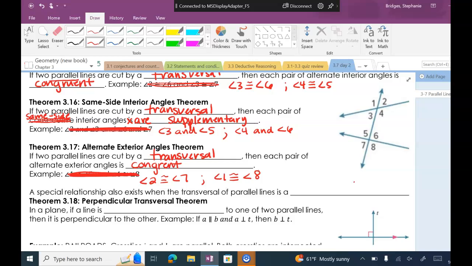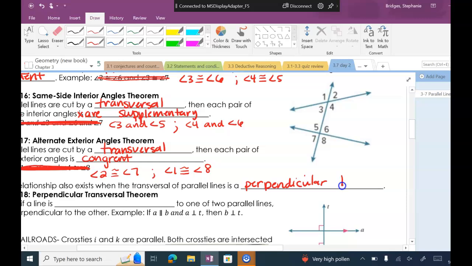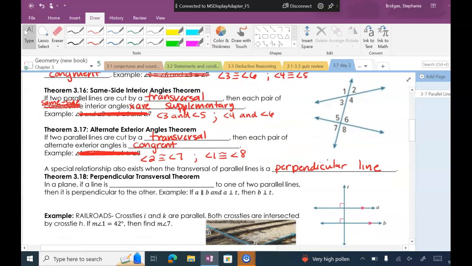A special relationship also exists when the transversal of parallel lines is a perpendicular line. That's what we should be filling in next, perpendicular line.